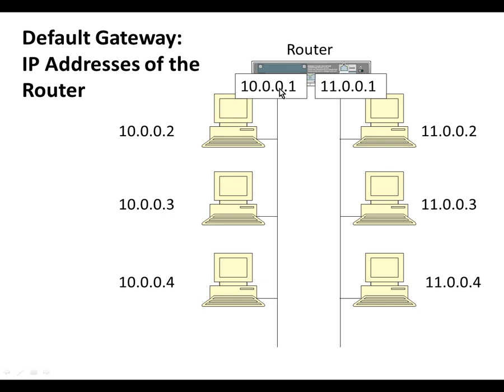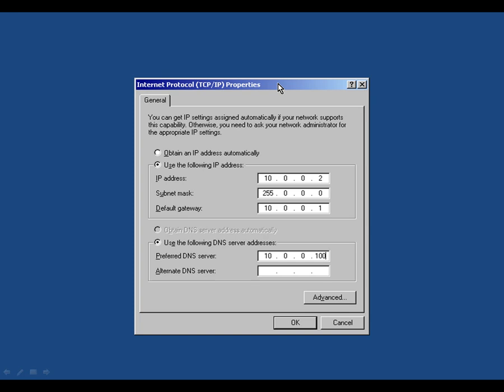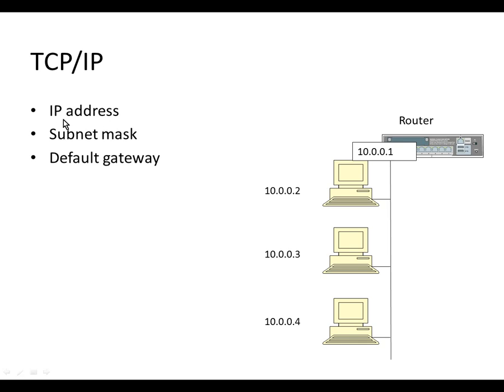The default router is the way the computer reaches the outside world and the internet. So when we configure IP address, subnet mask, we also configure default gateway. We will talk about DNS in the next chapter. So in TCP/IP, we configure each computer for an IP address, subnet mask, and default gateway.